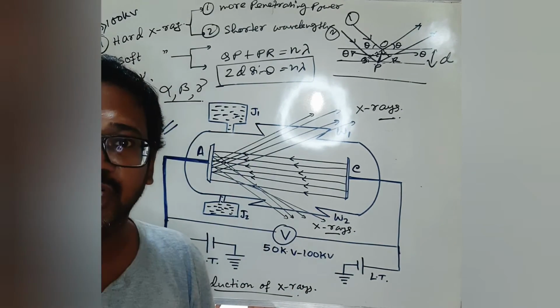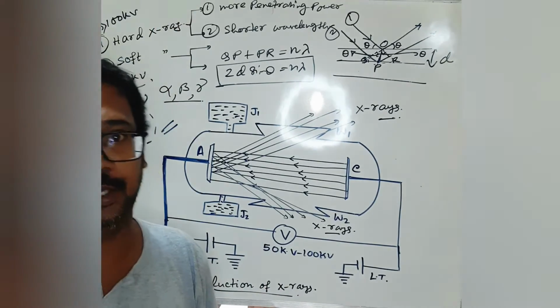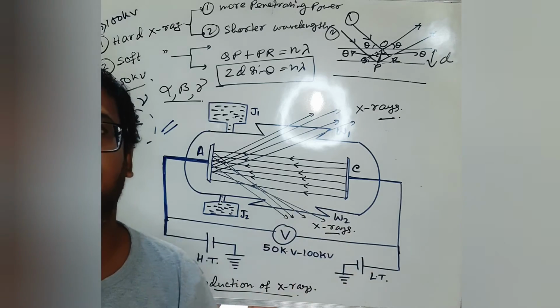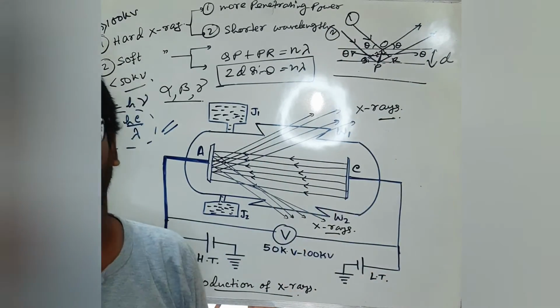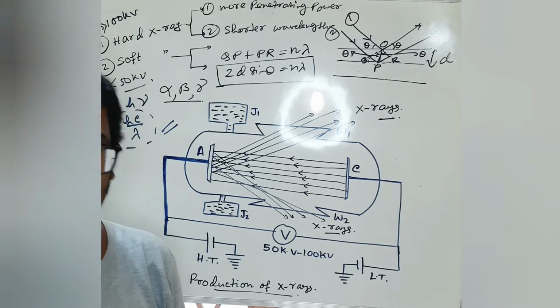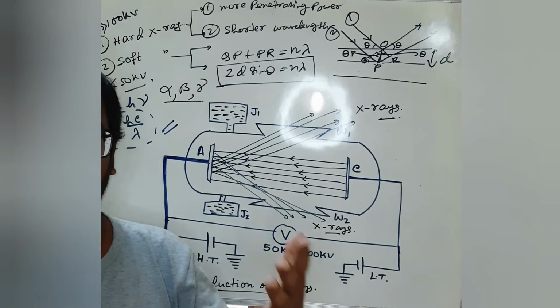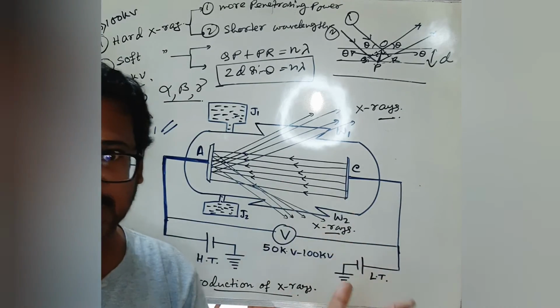That release of energy can be seen in an X-ray spectrometer as peaks. So K alpha, K beta, K gamma, K delta lines depend on which orbit the electrons are jumping from to the lower orbits. That is the explanation of continuous X-rays as well as characteristic X-rays.